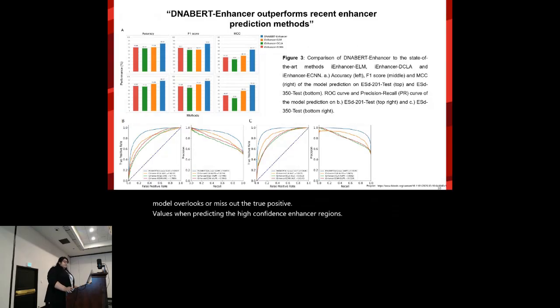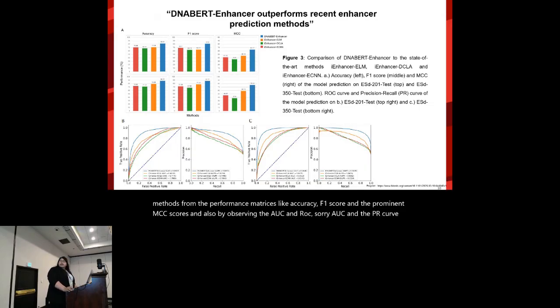Our model also outperformed some of the recently published state-of-the-art methods on performance metrics like accuracy, F1 score, and the prominent MCC score, and also by observing the AUC and the PR curve.